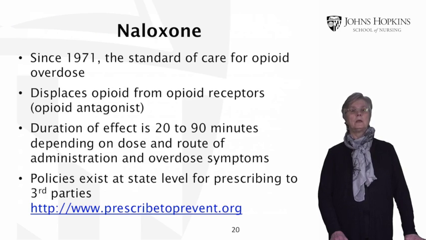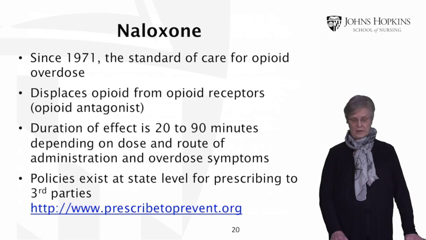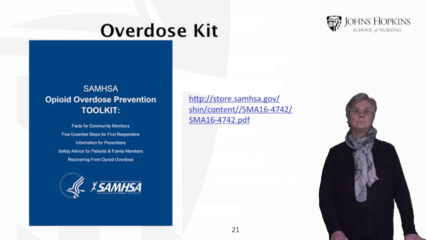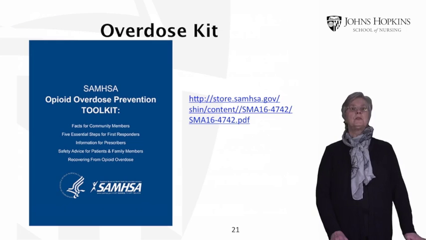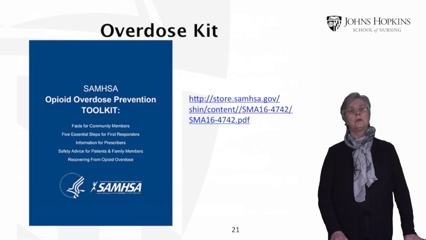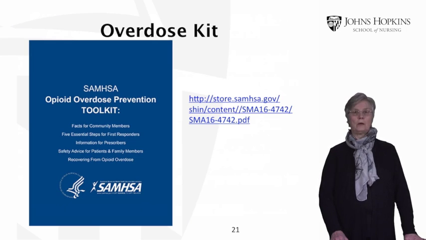The website is www.prescribetoprevent.org. The Substance Abuse and Mental Health Services Administration has developed an opioid overdose prevention toolkit, which can be downloaded from the SAMHSA store and is also in your toolbox.